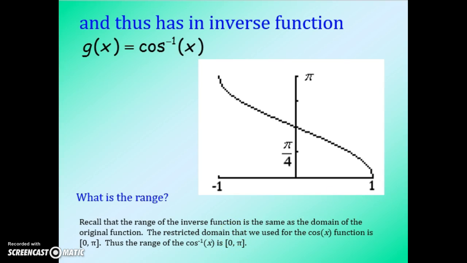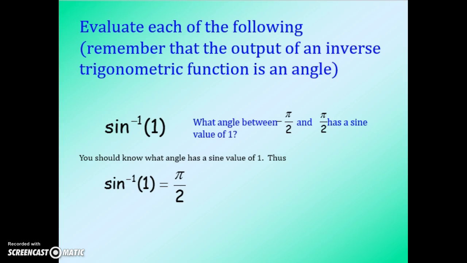So now that we've looked at the graphs and seen what's going on there, let's get down to actually evaluating inverse functions. So if I have a function y equals the sine inverse of x, and I tell you that our x value is 1, remember that is a side ratio.